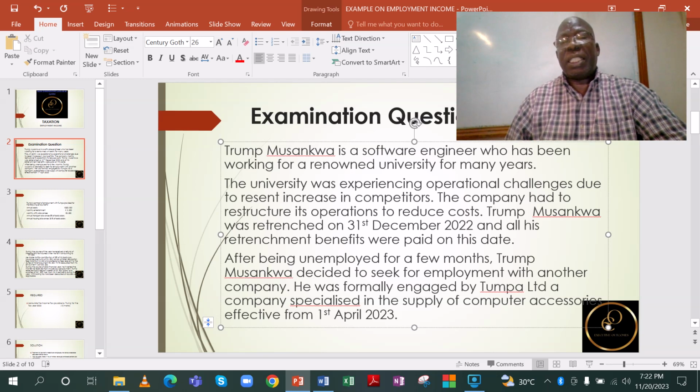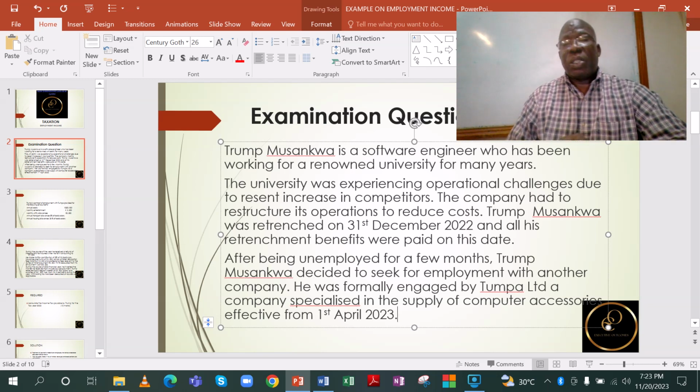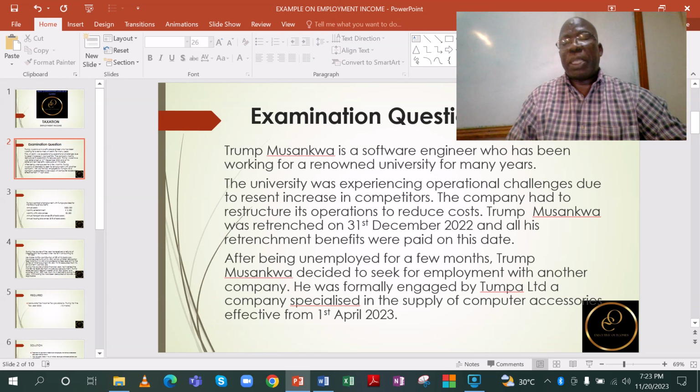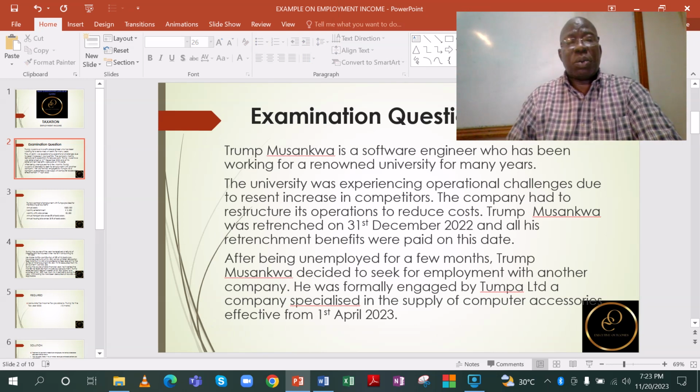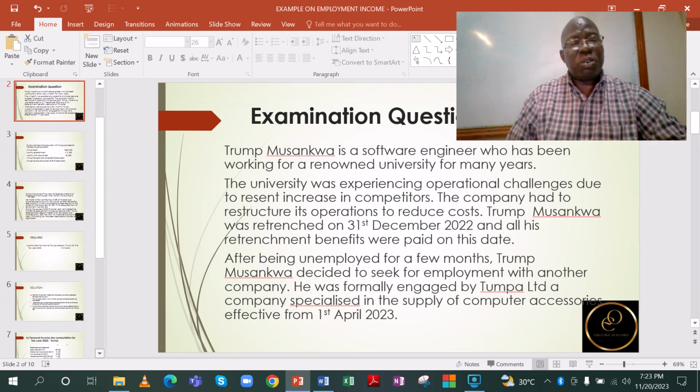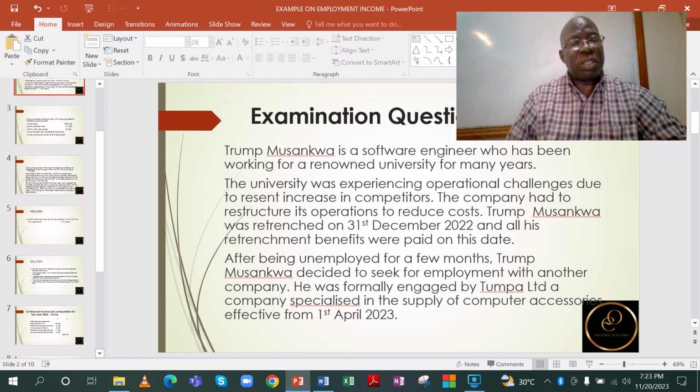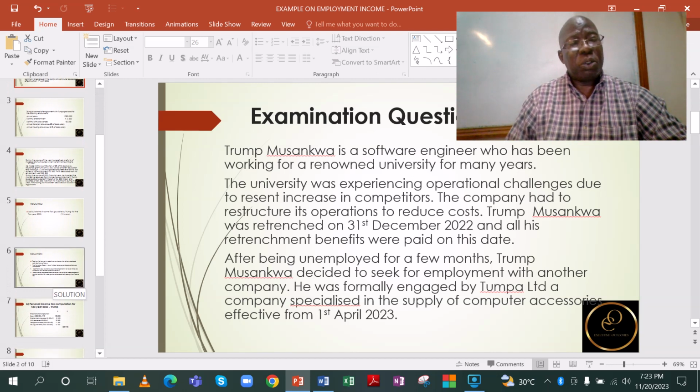So it means that the first 3 months, which is January, February, March, Mr. Trump was not in employment. He started work on 1st April, meaning for 2023, he only worked for 9 months. So you have to be particular about this time span, as it has an effect on what you are going to calculate as emoluments.